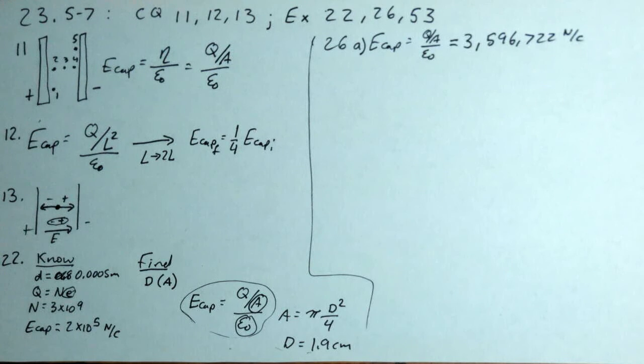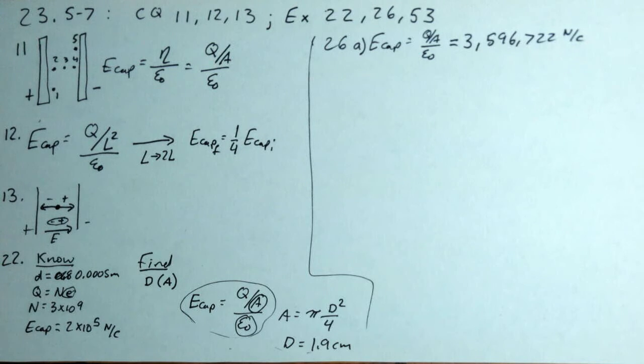3,596,722 newtons per coulomb. Now that's pretty big. That's a decent sized electric field, but that's actually of the same order of electric field that you need to create a spark. It's called the breakdown electric field of air. So it's not unreasonable, but again, intuition, we haven't built our intuition so far, but now we're starting to build it.